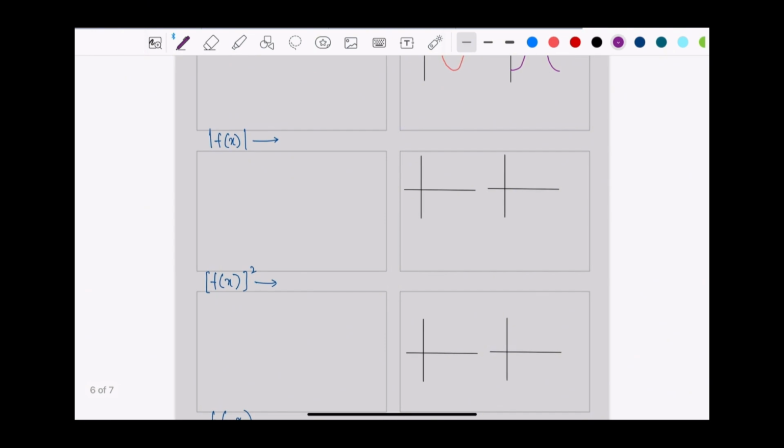So absolute value of f of x means negative curve. So cos of x, written in absolute value, converts all the negative parts of the function. So the negative function reflects only on the x-axis line.